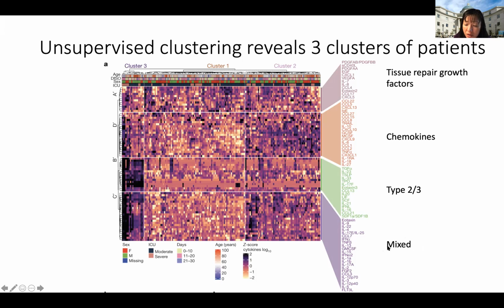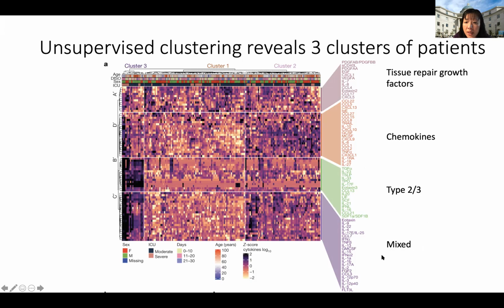We're calling it the mixed signature because it contains cytokines that belong to all three different types of immune responses that I mentioned earlier. And then there's the third cluster of patients, which are a handful of patients that really have a highly enriched profile for cytokines that belong to type 2 and 3 and mixed cytokine signatures.